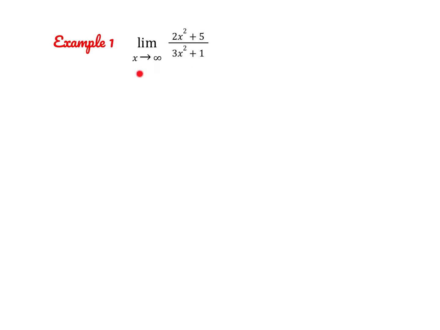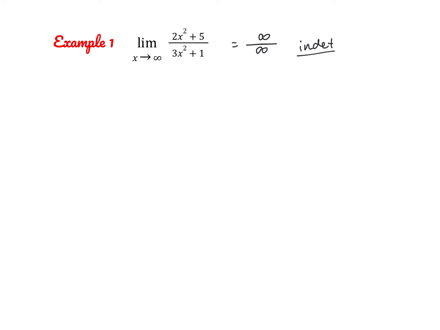All right, so let's give this one a try. If we just use direct substitution to try to evaluate this limit, 2 times infinity squared plus 5 is just going to approach infinity. And the denominator would also approach infinity. So again, this is indeterminate, and we need to address it to find the actual limit.